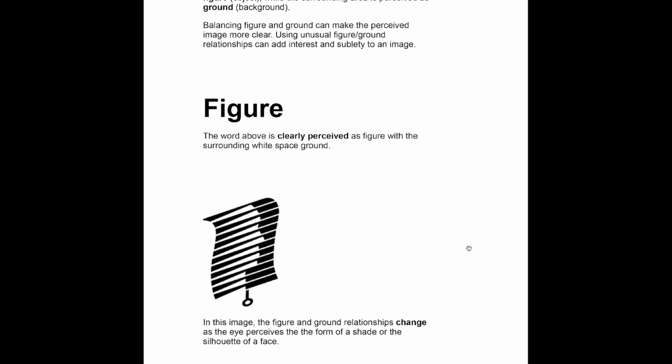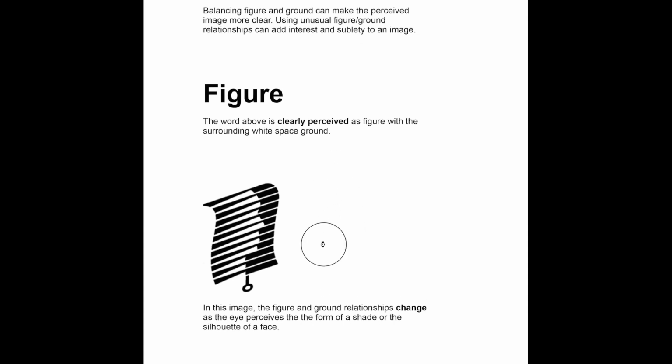In the image at the bottom of the page, the figure and ground relationships change as the eye perceives the form of the shade or the silhouette of the face. So there's a duality happening in this image.